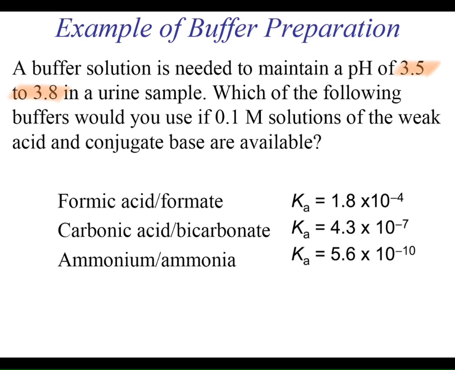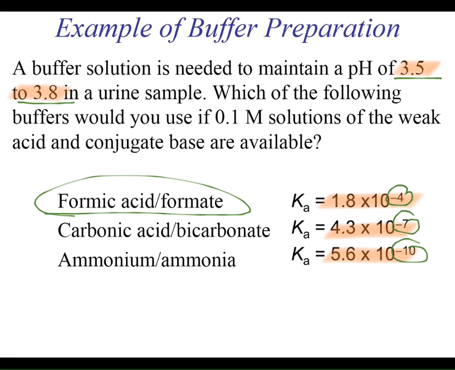So just imagine the pH of these. The negative log of this one is going to give me around 4. The negative log of the next one is going to give me around 7, right? Do you see that? It's going to be around 10. So obviously the best choice to keep it in this range is going to be that one.